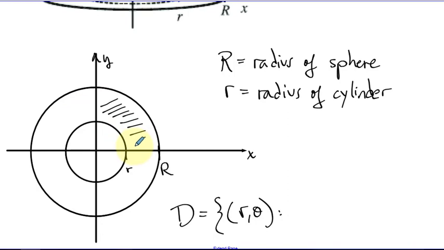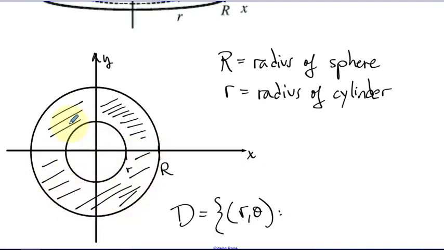I think what I'll do here is say that D is actually the whole thing. It looks like a donut. So D is this whole donut, a flat two-dimensional region though.